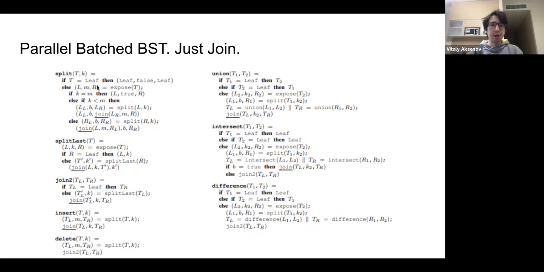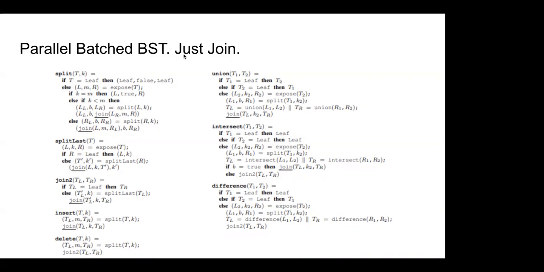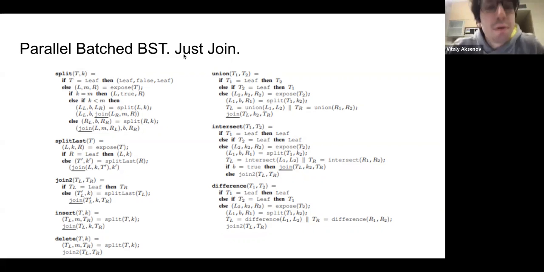So here the tree T is the node with the root with an element M and two children, left tree and right tree. So this is just in terms of functional language representation.